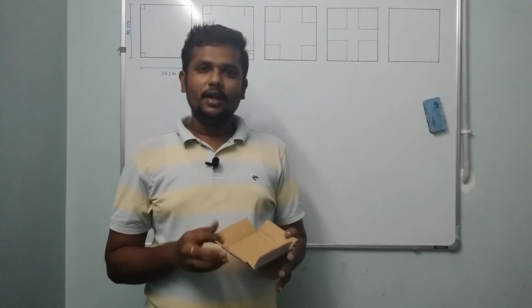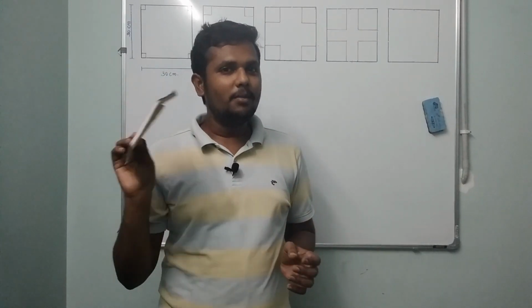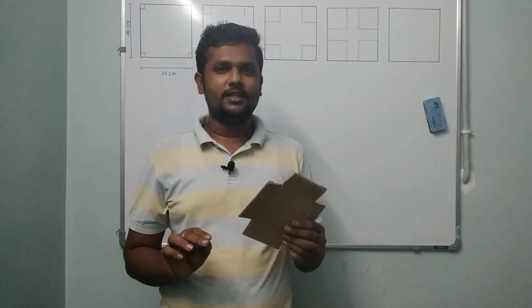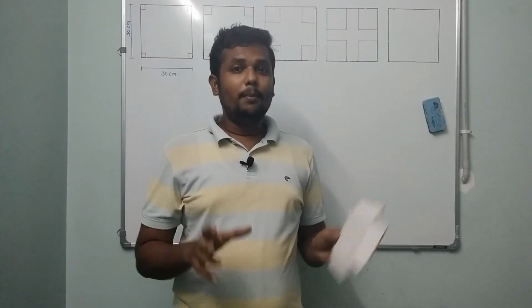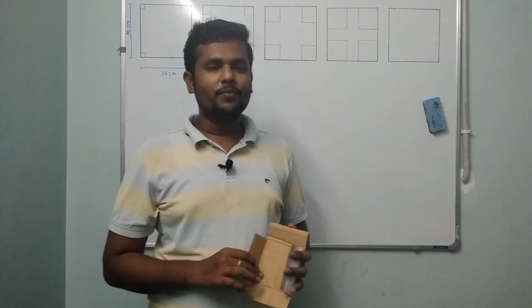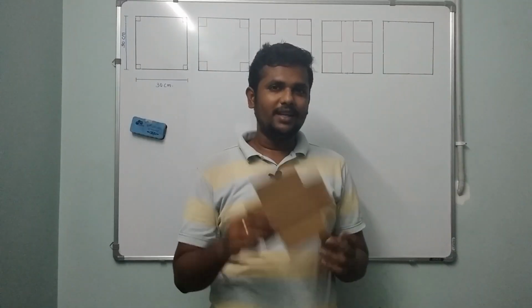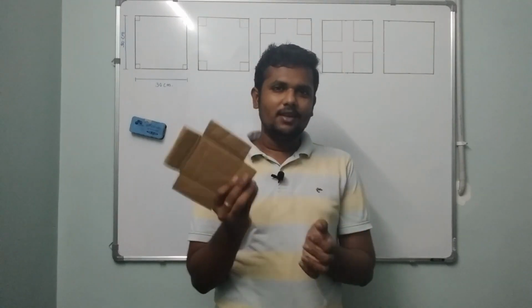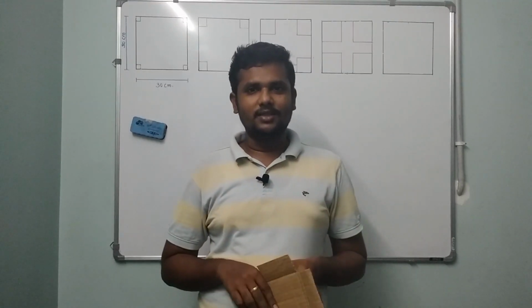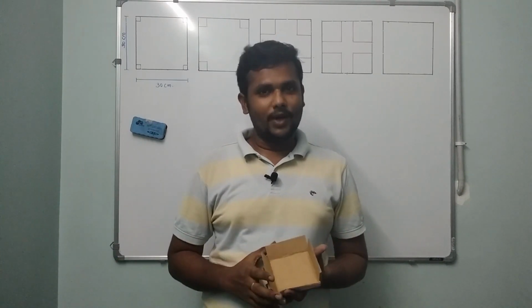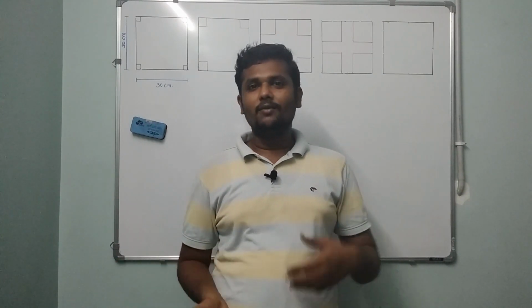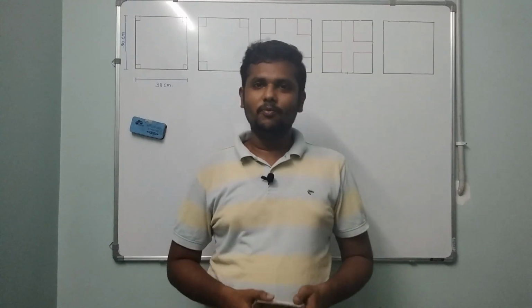So now we understand how to make a box using this cardboard sheet. Now we need to focus on how to make a maximum volume out of this cardboard sheet. I believe by cutting these corners with different lengths, we can make different sizes of boxes. So different sizes of boxes will have different volumes, and from that we can pick which box has the maximum volume, right?